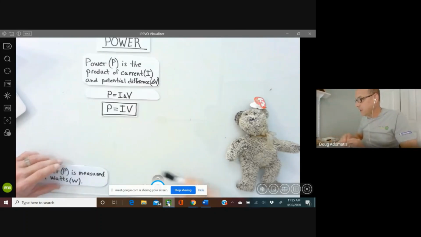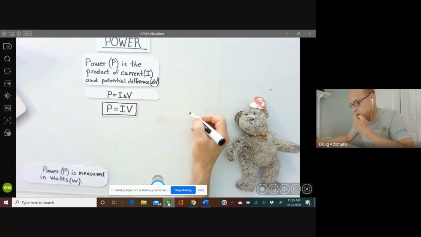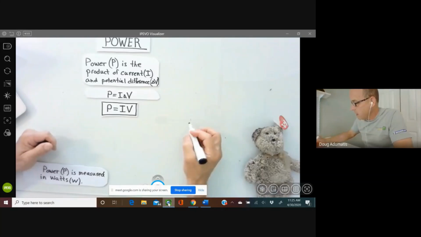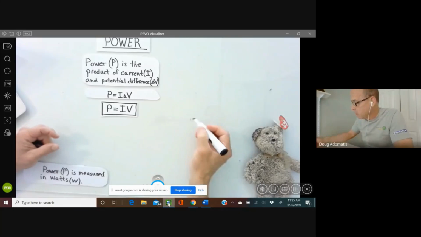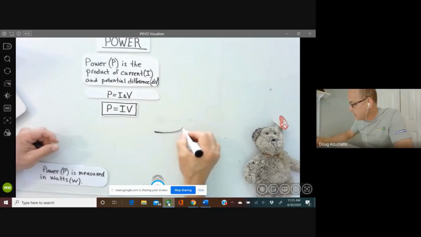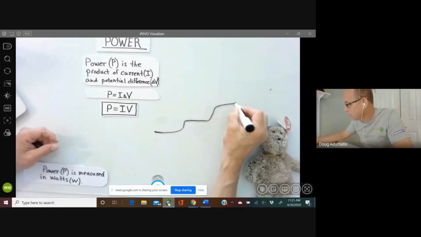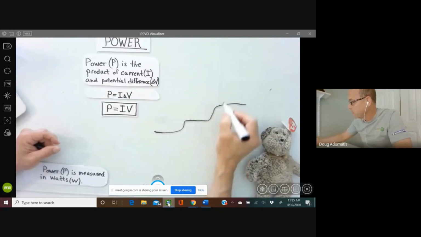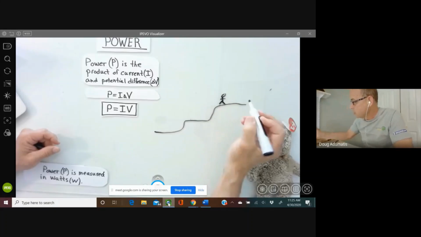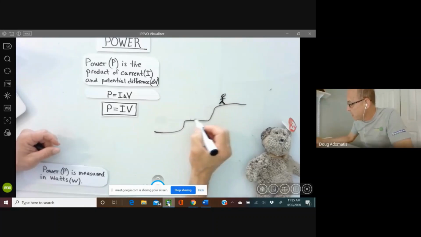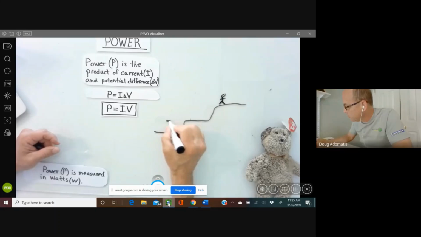The delta V just means that, let's go back to what we learned in mechanics when we were talking about potential energy, okay? Say there's a cliff and it kind of looks like something like this, right? And we want to know, what is your potential energy relative to this point?